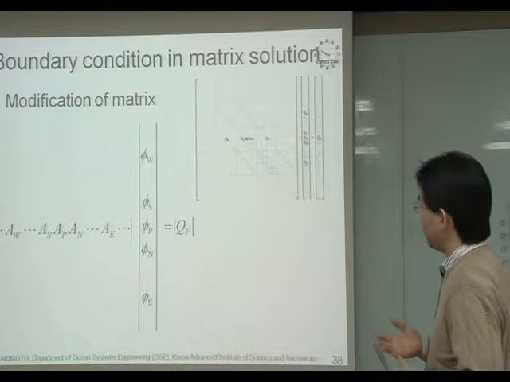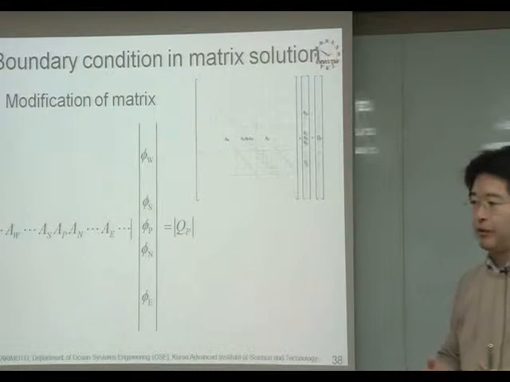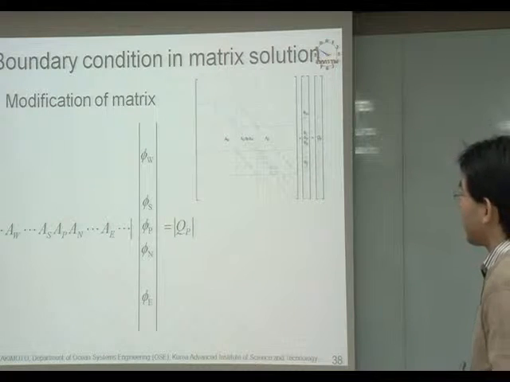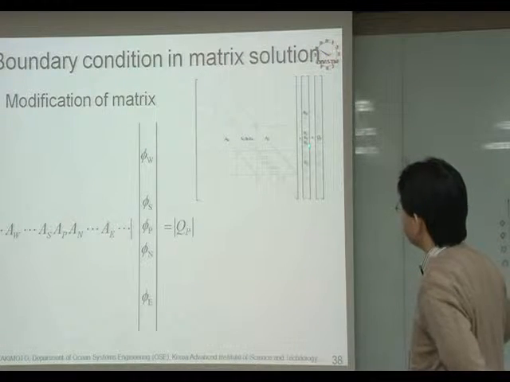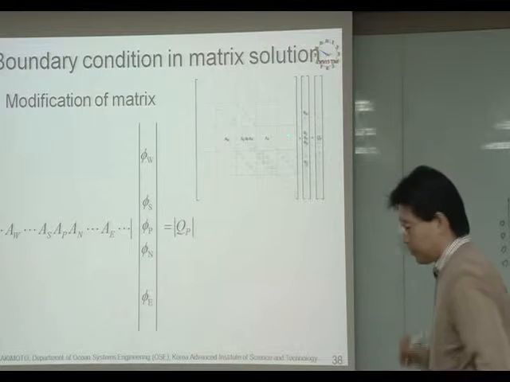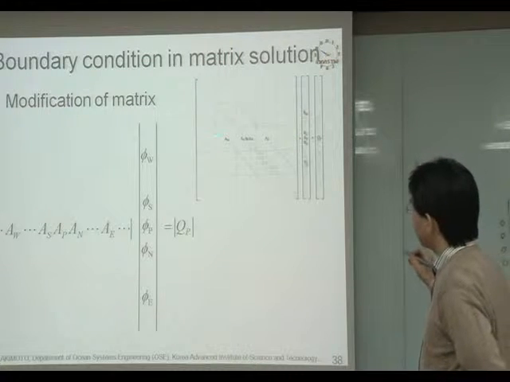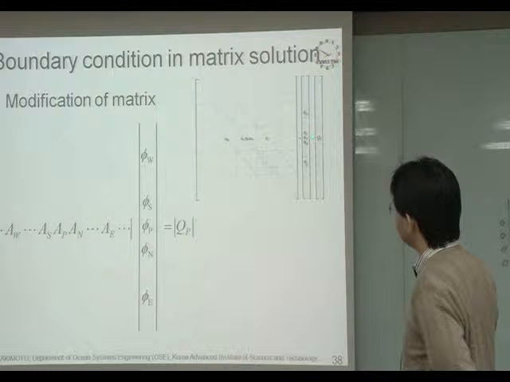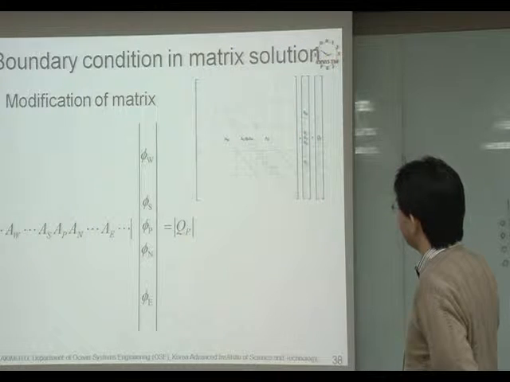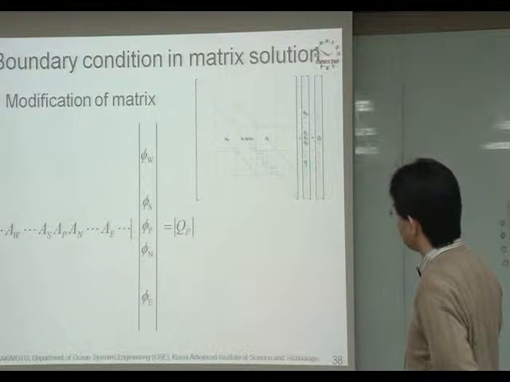It is the present focusing point of the simulation. And the equation of QP, the required equation of QP contains the equation of phi p.